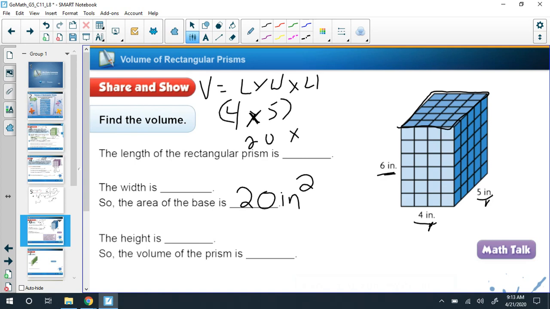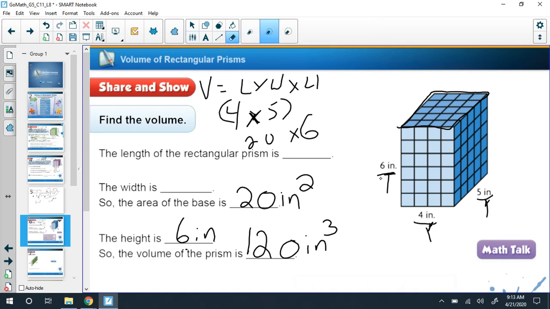We're going to multiply that by our height of 6 inches. We've already got 20 square inches. 6 times 0 is 0, and 6 times 2 is 12. Remember, we've now multiplied inches times inches times inches. So we've done it 3 times, giving us our third dimension of cubic inches. So the answer here is 100 cubic inches.